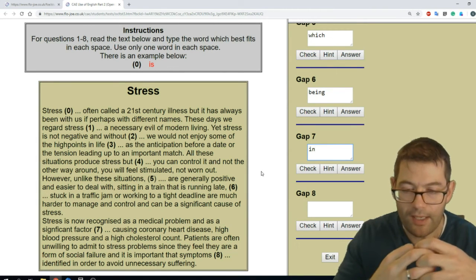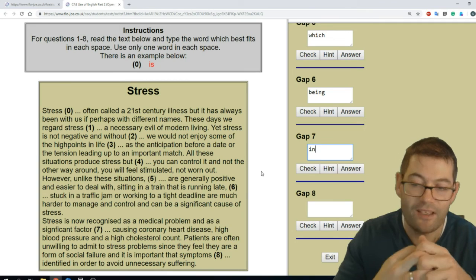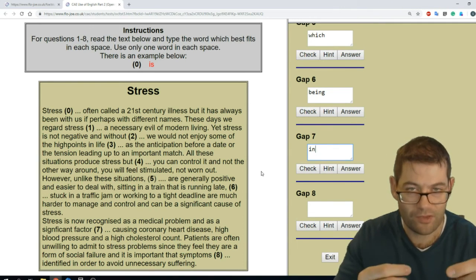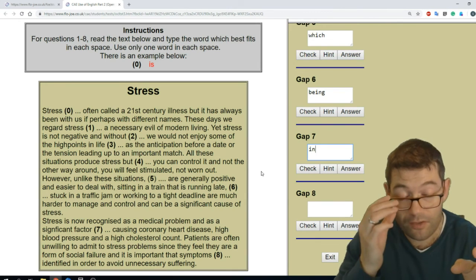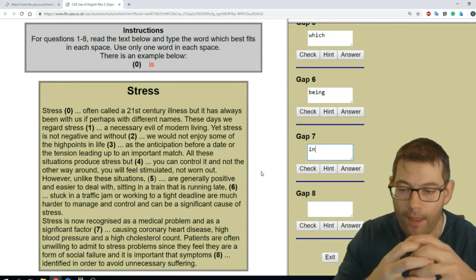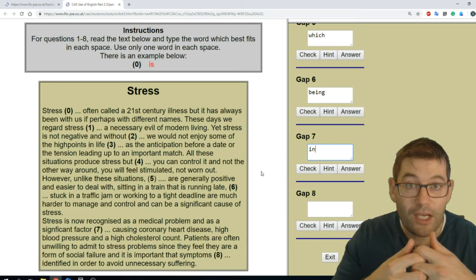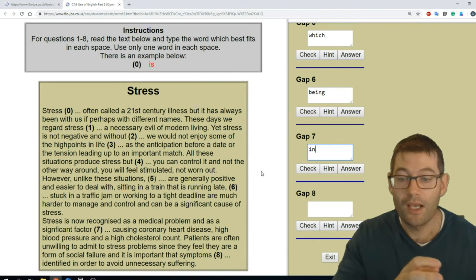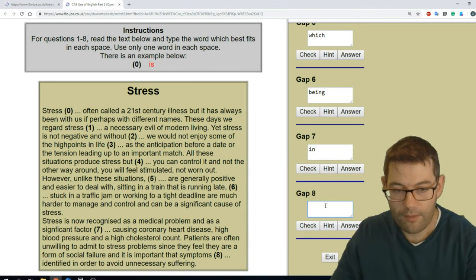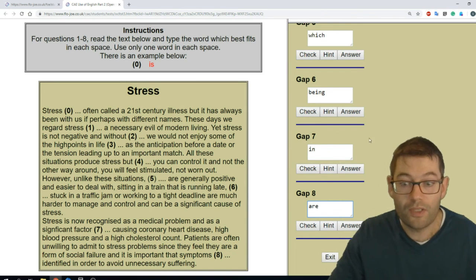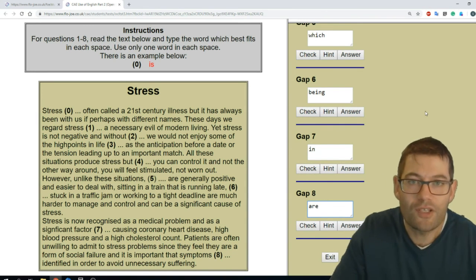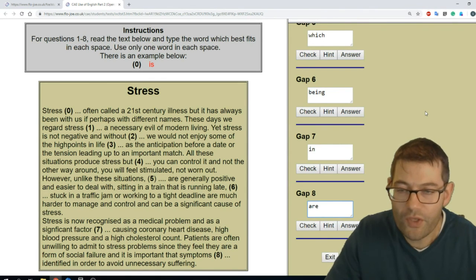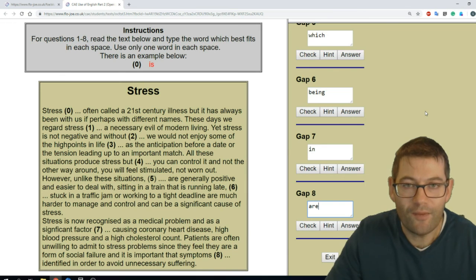We could say it's important that symptoms had been identified. It fits the gap in terms of grammatical sense. Whether that fits the context or not is a different question. So that leaves us with the correct form of the passive voice. It is important that symptoms are identified in order to avoid unnecessary suffering. So we've got simple identification of the passive voice, and that gives us our answer.